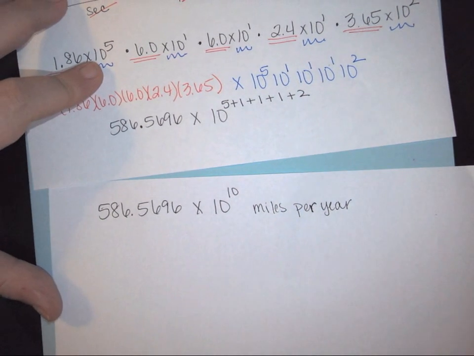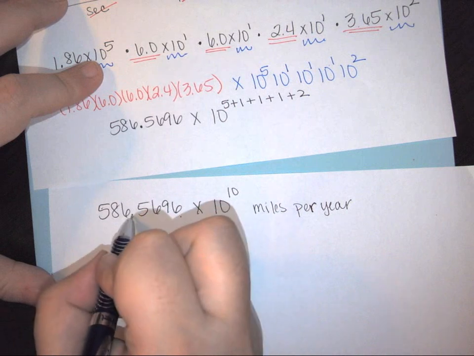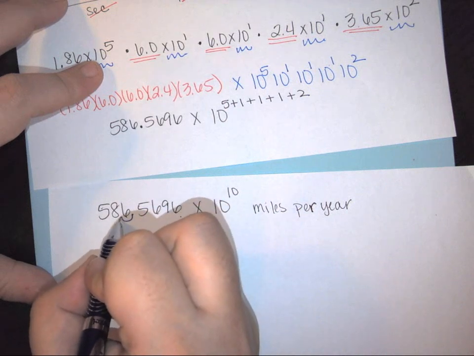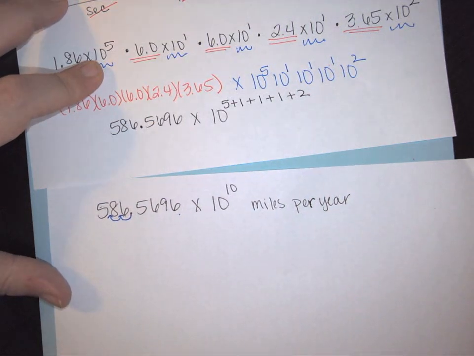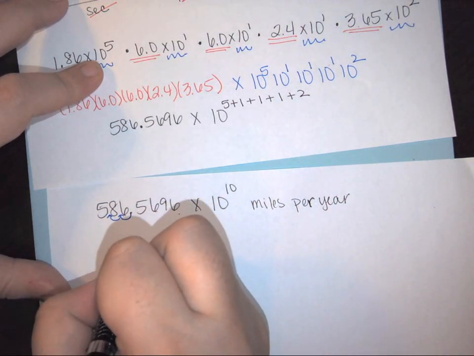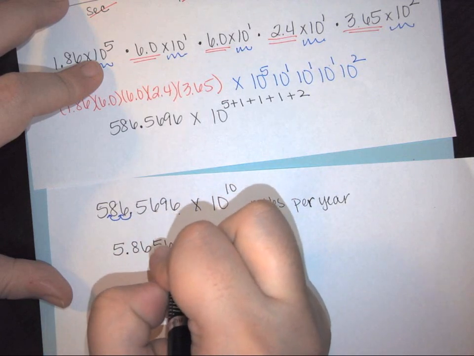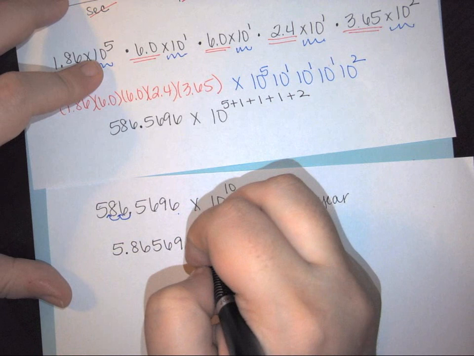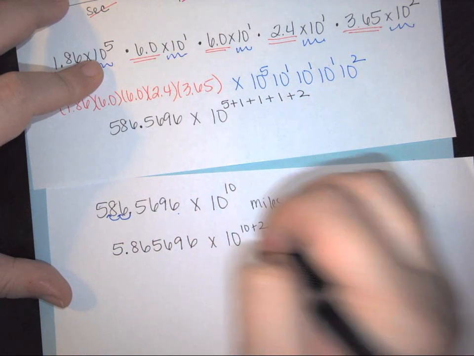Now the other thing that we need to keep in mind is that this is not scientific notation, so I need to move this once, twice. So this becomes 5.865696 times 10 to the 10 plus 2.